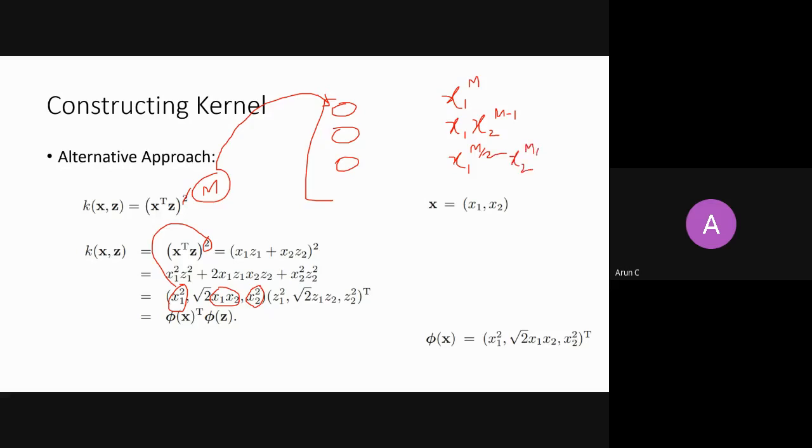Like this you will get these terms. And what will be the effect? You can see this as projecting your vector x into m-dimensional space and then taking a dot product there. But you are doing it with a trick. You actually are not doing it, but the effect will be the same. I hope this is making sense to you guys.